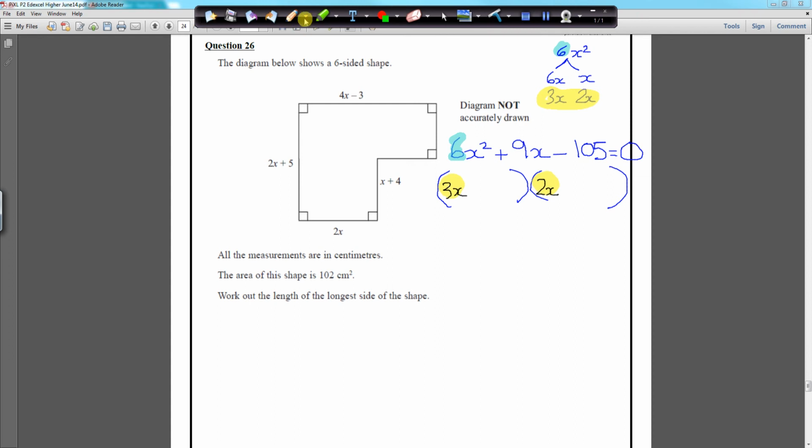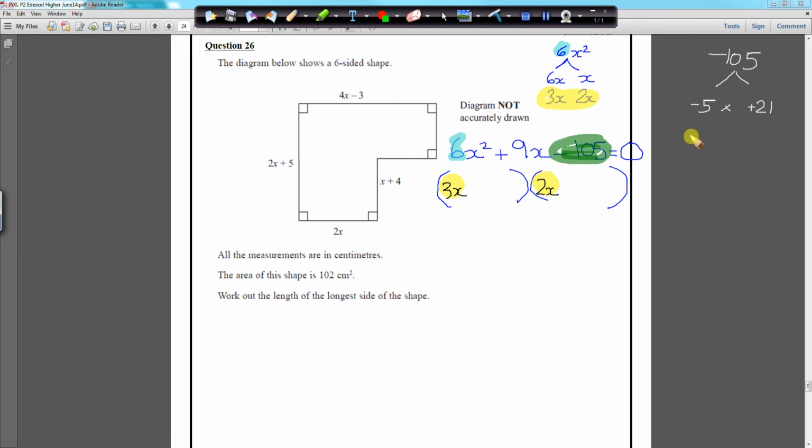Next, we need to look at the factor pairs of minus 105. Let's get a white pen. So minus 105 can be made up of minus 5 times plus 21.